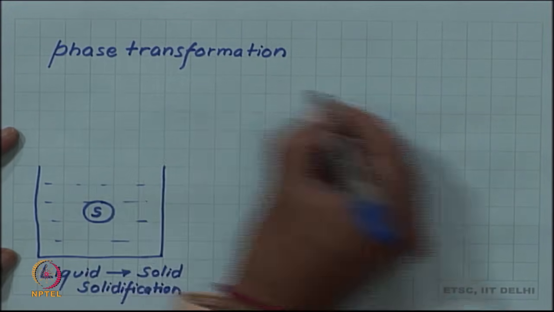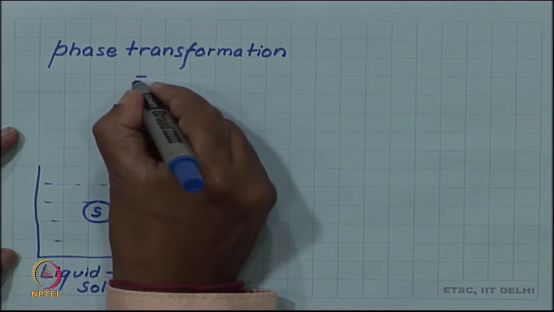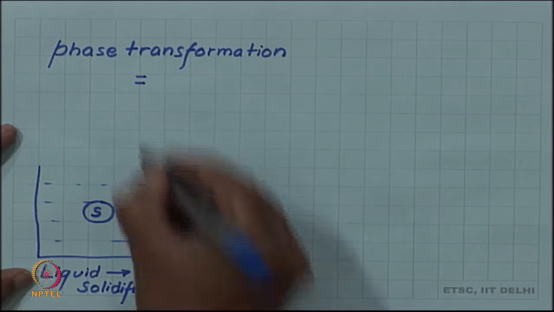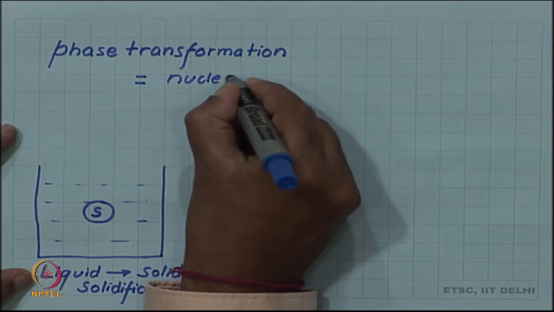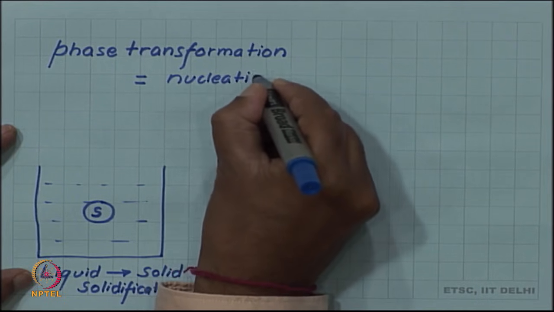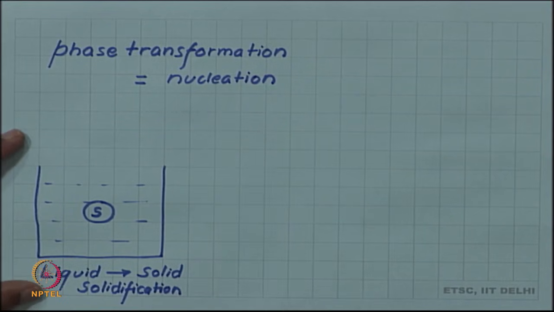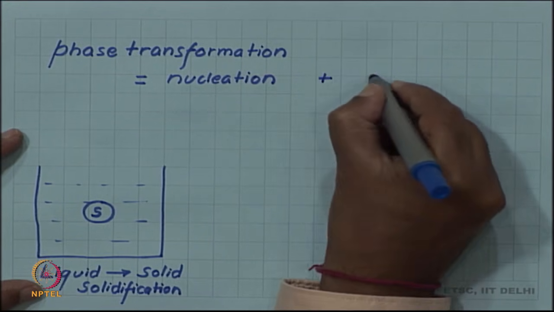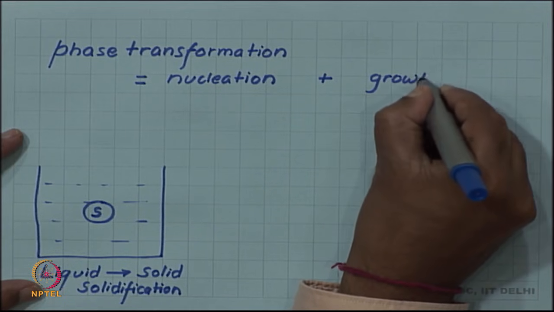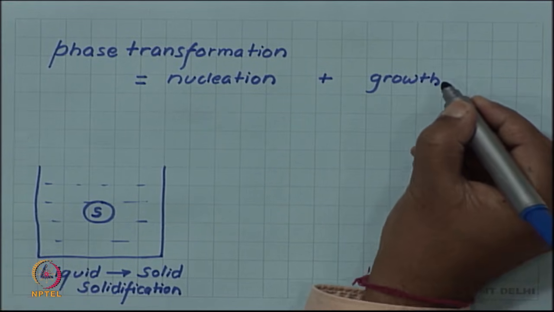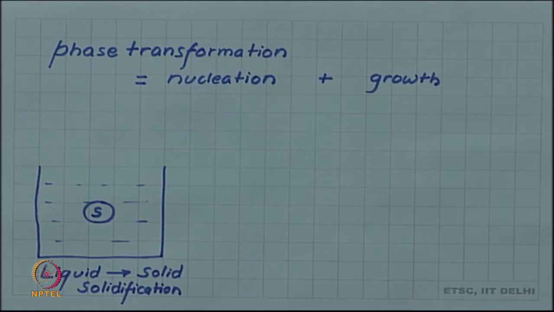So, phase transformation is divided into two stages, a stage called nucleation followed by another stage called growth. So, the first formation of a new phase is called nucleation.